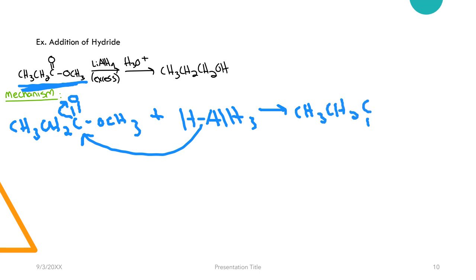So I connect a hydrogen to that carbon. This has no change. And this oxygen bonds to the aluminum. So remember, OR group again is a good leaving group. So this oxygen aluminum bonding electrons will come down to reform the double bond, which will push off that OCH3 group.